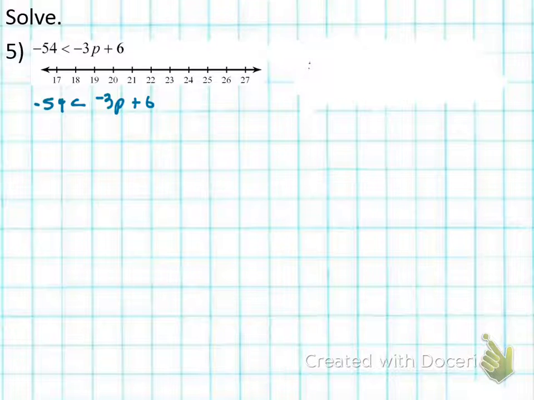What about that negative 3? What's it doing to p? Being multiplied, right? So it's not subtraction. Are there any addition signs by the p? Yeah. What's being added? 6. Good. So we're going to subtract 6 first. So the left side becomes negative 60 is less than negative 3p.